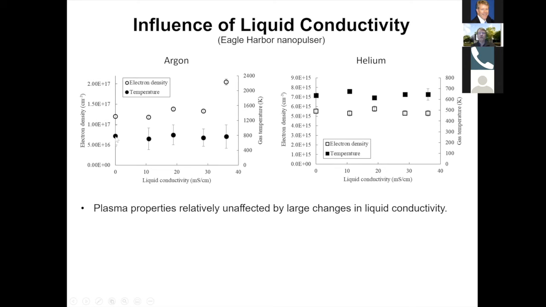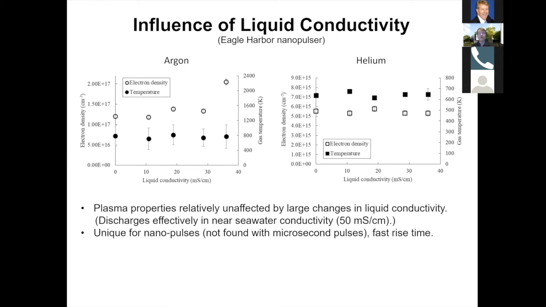What's important here is that the plasma itself is relatively unaffected by liquid conductivity almost to seawater level. This is up to almost 40 millisiemens per centimeter, which is very close to seawater. And that is independent of whether argon or helium is the carrier. So that's one very important characteristic of the nanosecond pulse, and that's something that's not available in previous work.